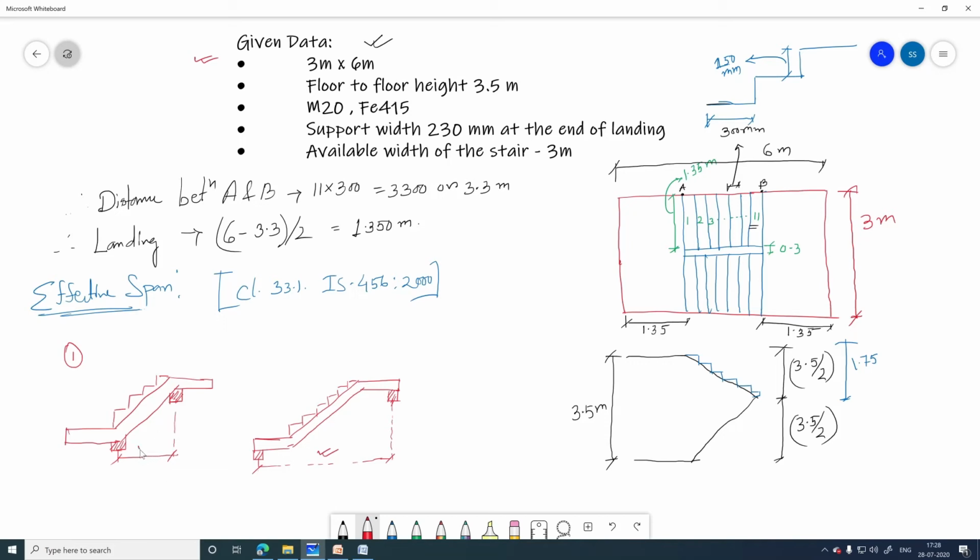In our problem we will consider this particular case, because here it is given that the support width is 230 mm at the end of the landing, that means it is present over here, at the end of the landing. And this width is given, that is 0.23 if you make it in meters, on both the sides.